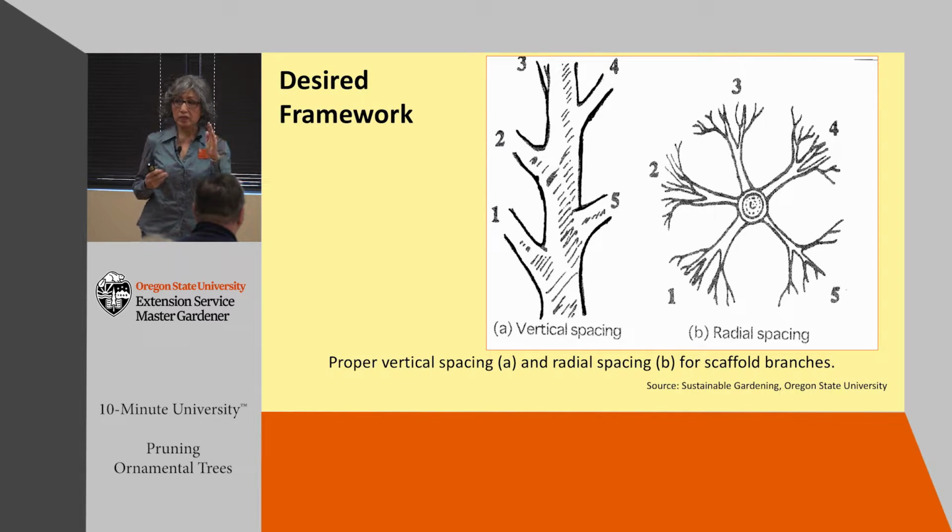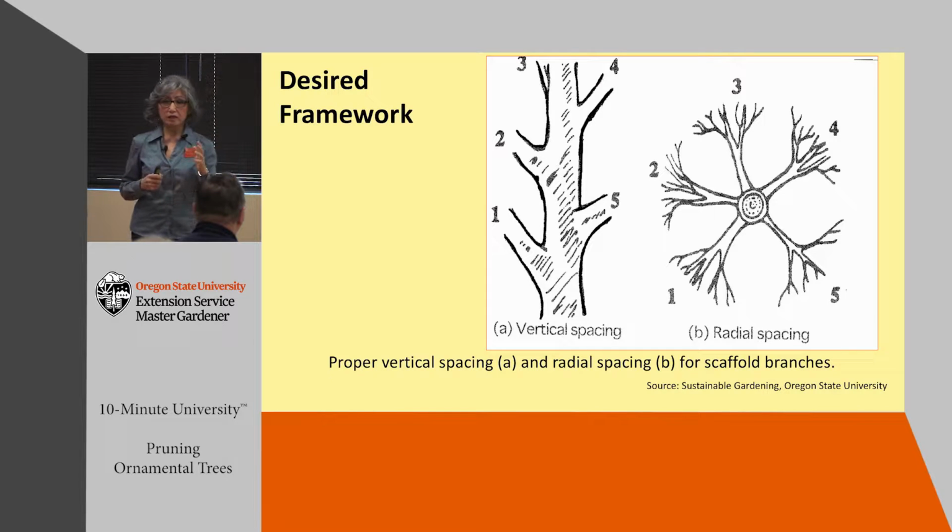In addition, if we look at it from the side, the point of attachment of the branches to the trunk should have a minimum vertical distance of roughly 8 inches and preferably bigger, depending on the type of tree and the mature size.